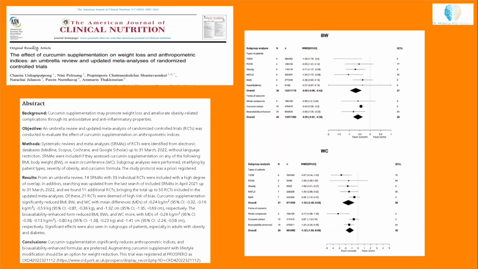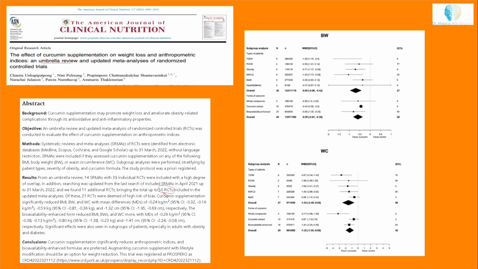So, back to the paper. This is an umbrella review of many previous systematic reviews. So, in this paper, after they selected all the studies, they selected a total of 50 randomized clinical trials. RCT stands for randomized clinical trials. So, it was not 50 patients, it was 50 different studies.